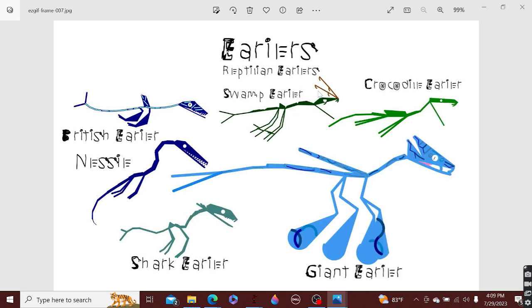There have been Spinosaurus terrestrius specimens with giant Earier bites on them, and remains of Spinosaurus terrestrius found in the giant Earier's stomach, meaning that they will hunt this fictional species of Spinosaurus. Holy shit.